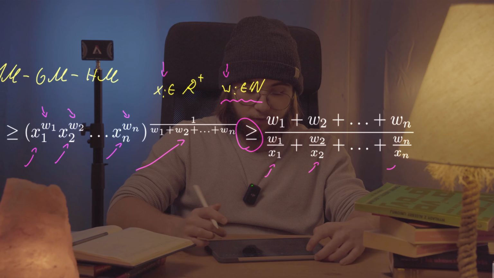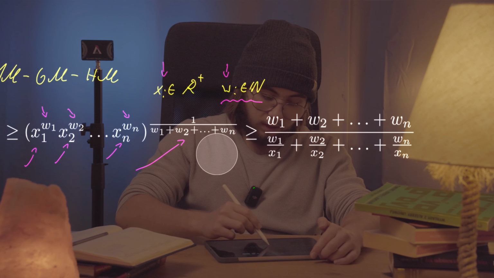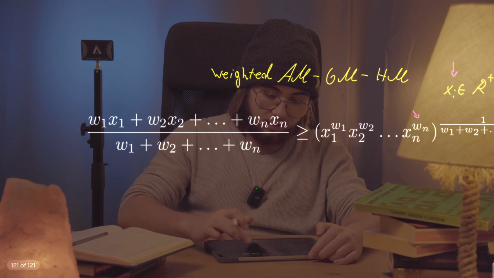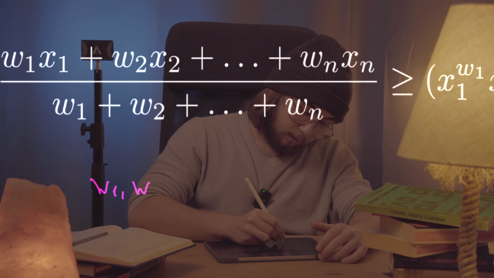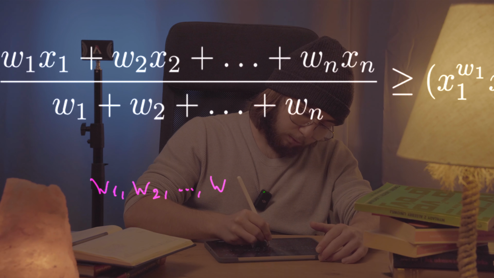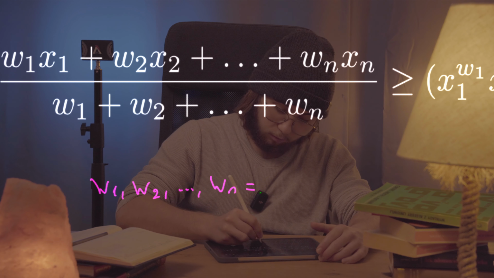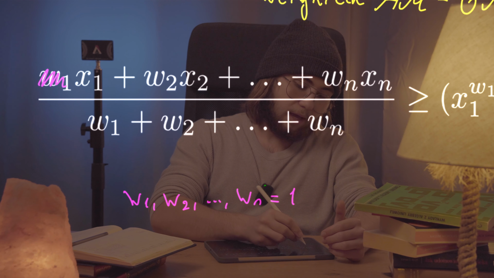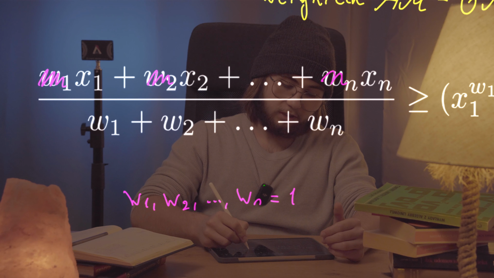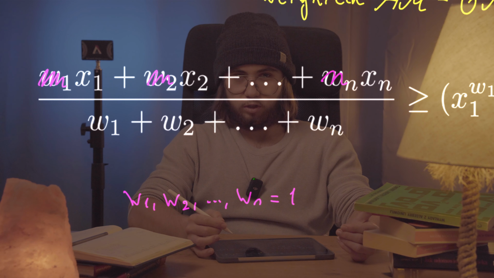The nice thing here is that if I were to set each of those weights, w1, w2, all the way up to wn, equal to 1, then the weighted AM-GM will just turn into the regular AM-GM. How so?